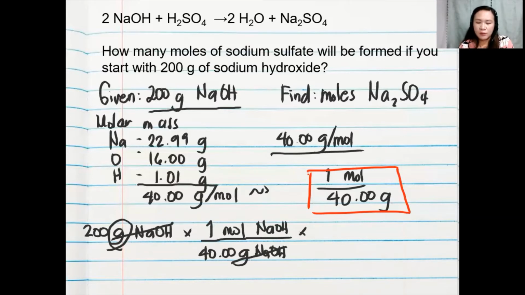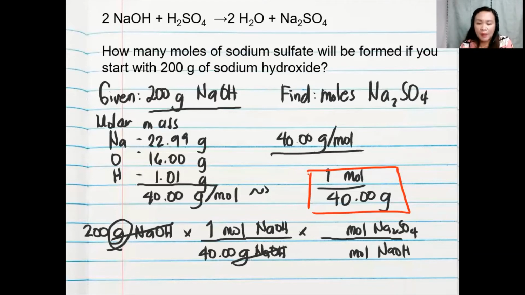Next, we now put the mole ratio because we need to find the moles of sodium sulfate. And so we put moles of sodium hydroxide below because we need to get rid of it. And we put the mole ratio of sodium sulfate above because that is what we are looking for. And so for this problem, again, where do we get the mole ratio?